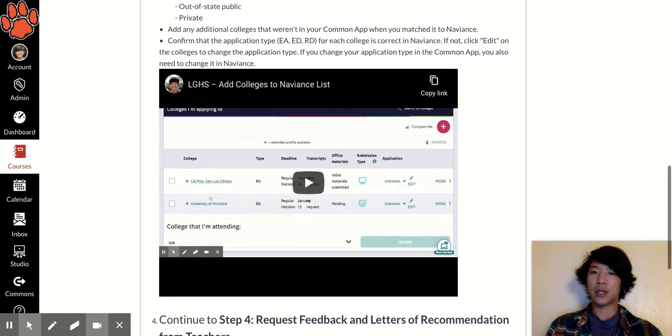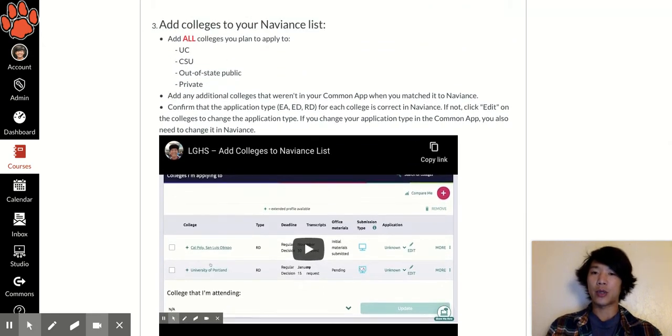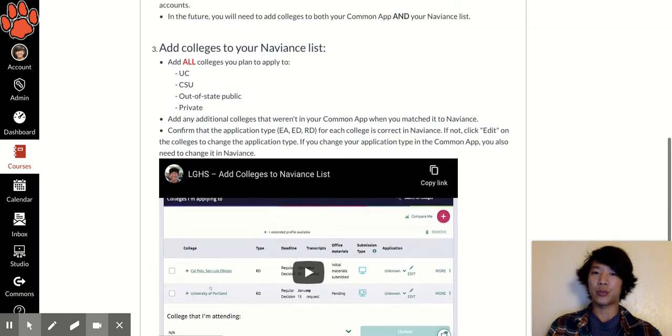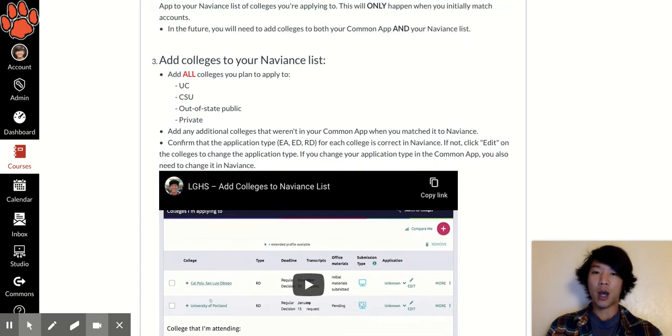Also in Naviance and in the Common App, you're going to have to say which application type you're going to be applying to these schools. The most common types are early action or early decision and regular decision. So early action and early decision mean that your application deadline is earlier than a normal one.